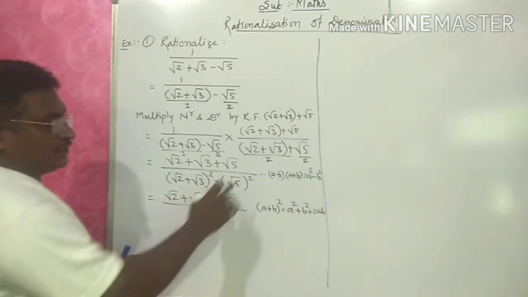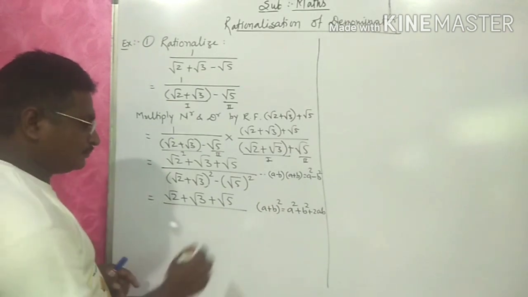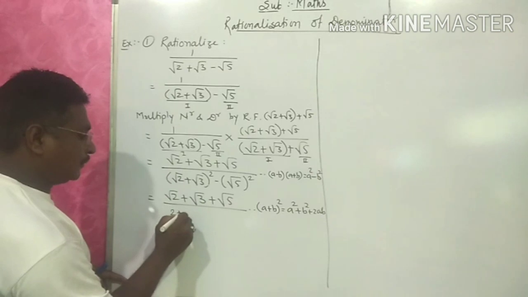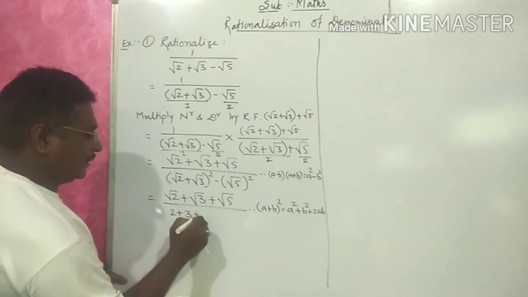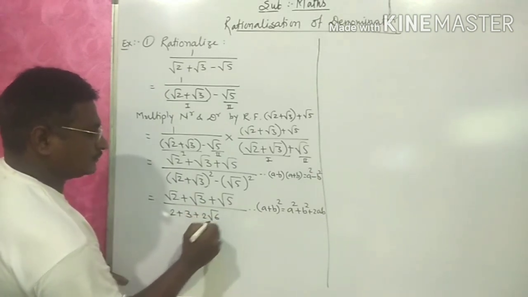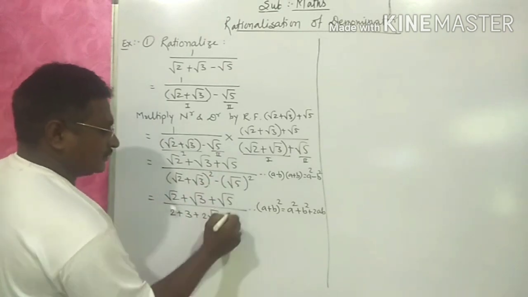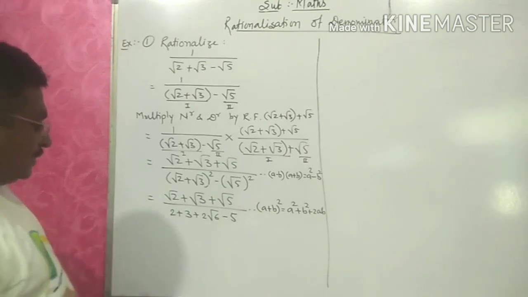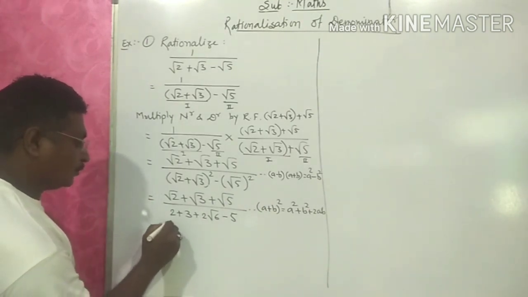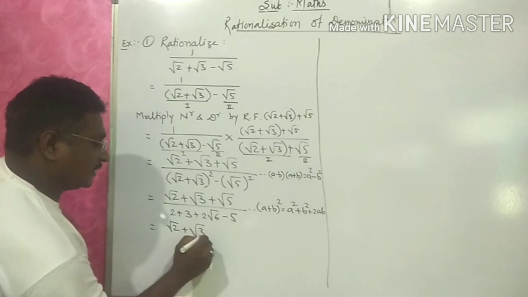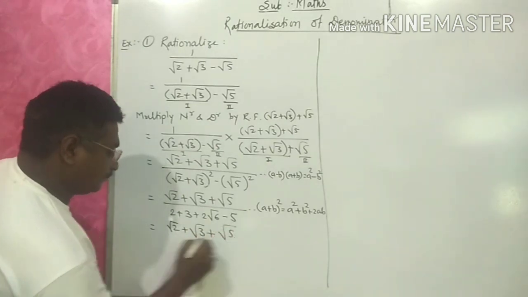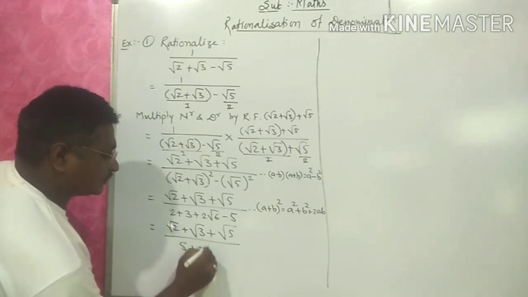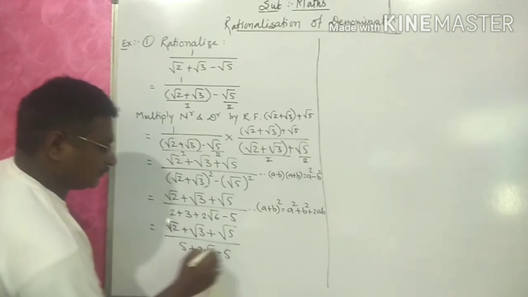Whatever identity we are using, beside that we have to write. So what will we get here? 2 plus 3 plus 2 root 6 minus 5, root 5 square is 5. So what will we get now? Root 2 plus root 3 plus root 5 by 5 plus 2 root 6 minus 5.